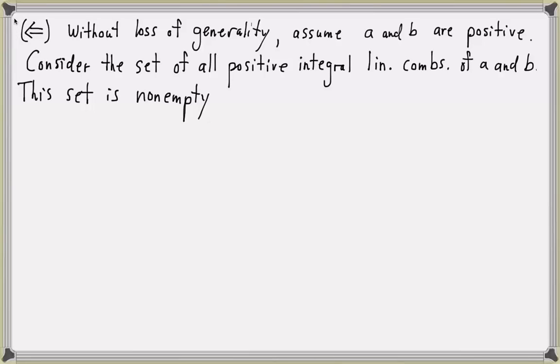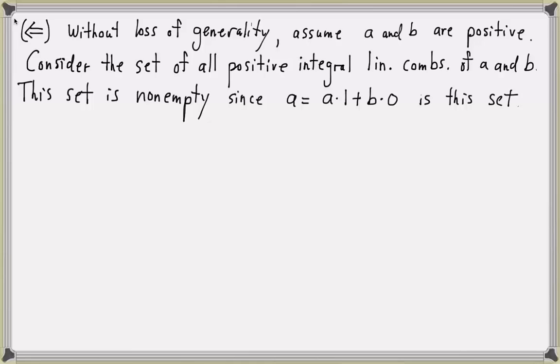Why? Well, actually, I can write a as a linear combination of a and b. A, which I can write as a times 1 plus b times 0. So I've written a as a linear combination of a and b, and I assume that a is positive. So since a is in this set, this set is not empty.